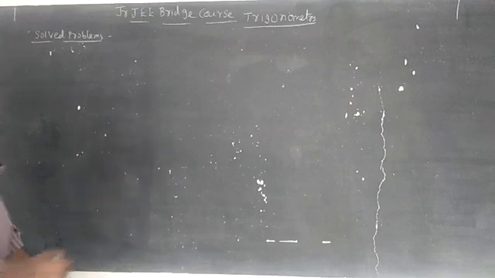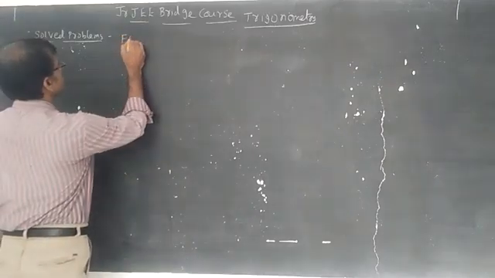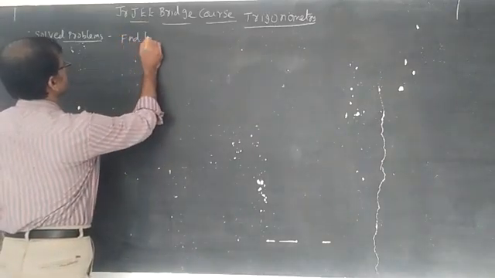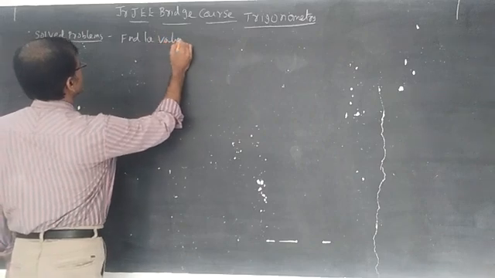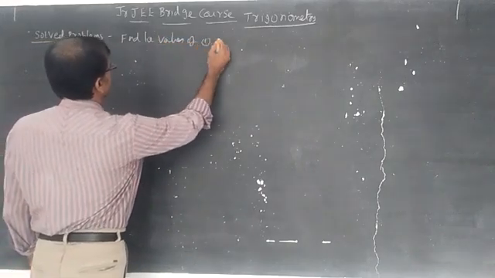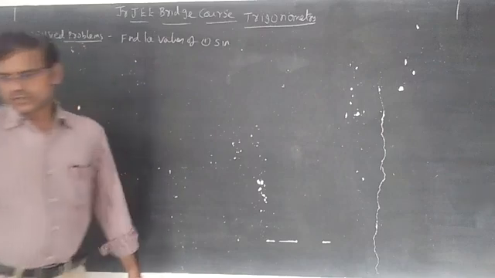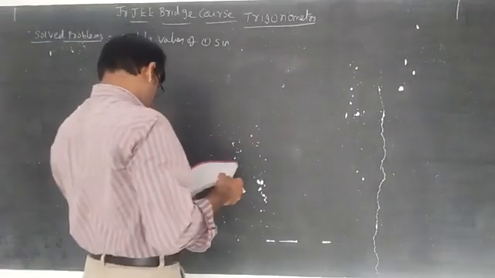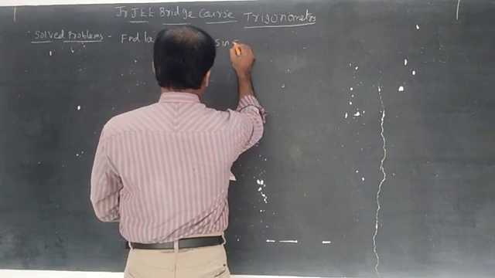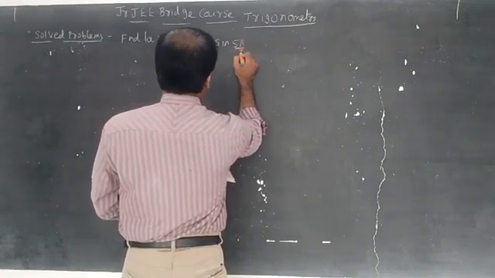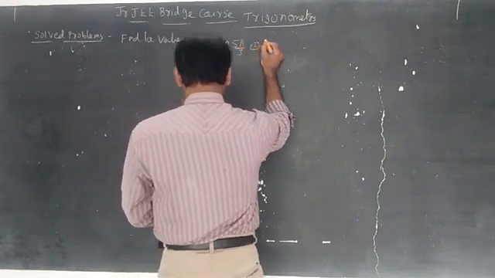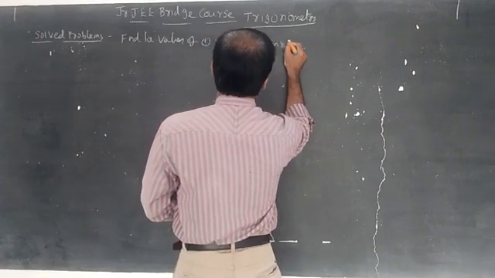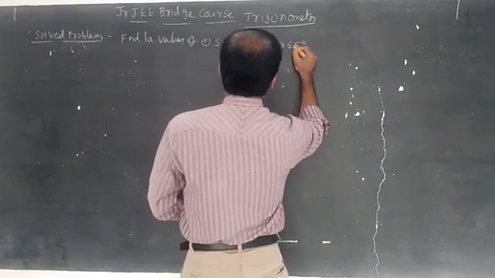First one, sin 5 pi by 3. Let us discuss sin 5 pi by 3 first, and the second one tan 855 degrees.